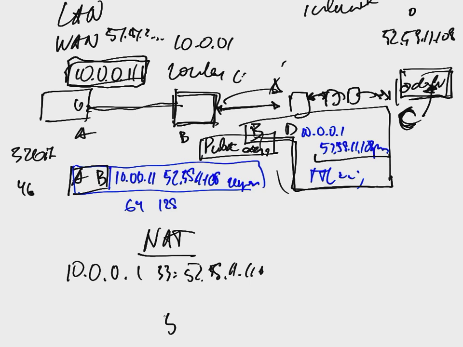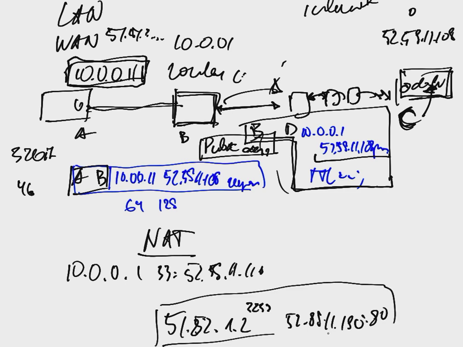something like this: my public address is 59.52.1.2, target is 52.58.11.108, and the port is, I do not know, 3333, and destination port is, let's say, 80. And from the public network perspective, it looks like all communication goes only through these routers which have public IP addresses.